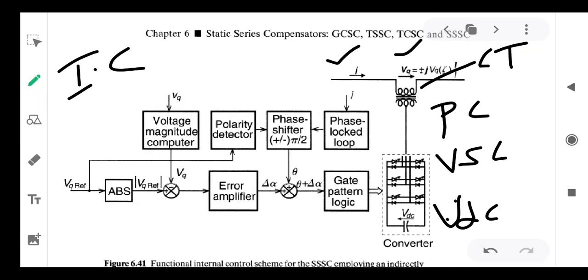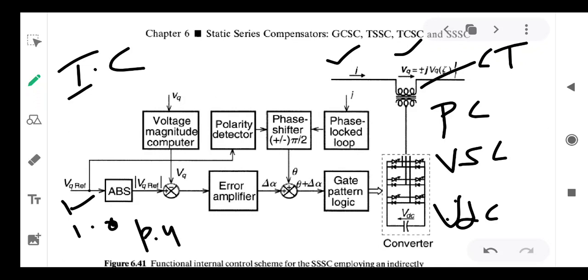Generally, VQ reference is obtained from the system requirements corresponding to a required voltage as 1 pu, 1.0 pu in general. 1 pu voltage is generally the VQ reference value corresponding to system voltage equal to 1.0 value.